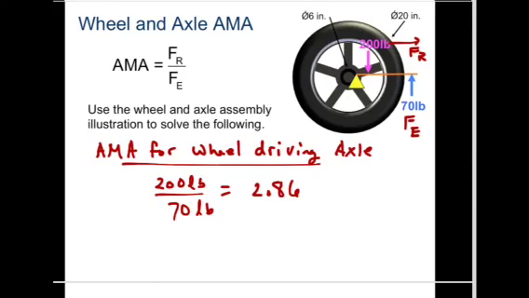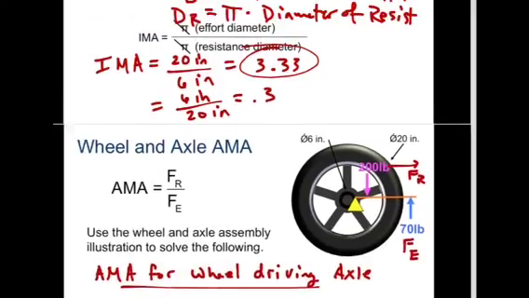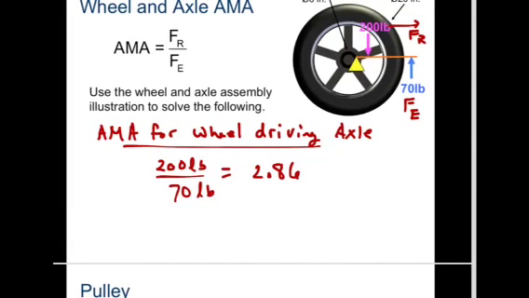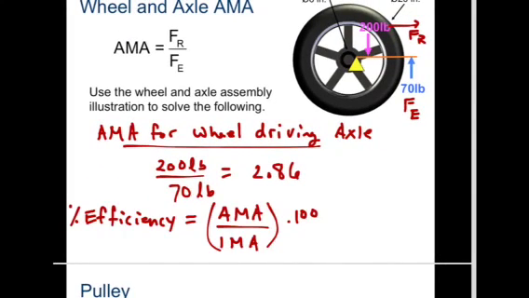If we wanted to calculate the efficiency of this, remember, efficiency would be the actual mechanical advantage divided by the ideal mechanical advantage. It's like the measured amount over the 100% amount. Remember, IMA would be treated like the 100%, the theoretical. So there's the formula for that, times 100.